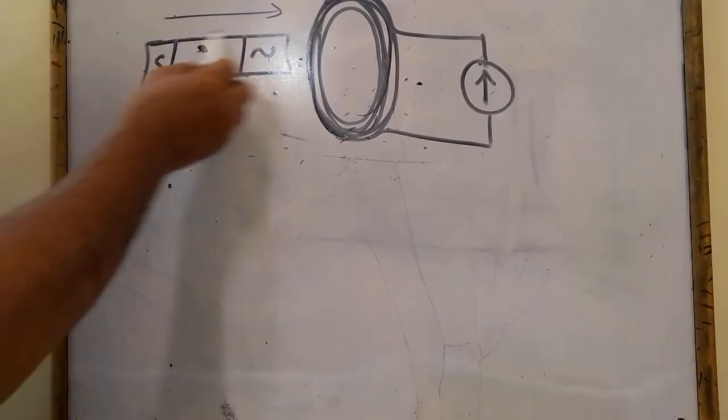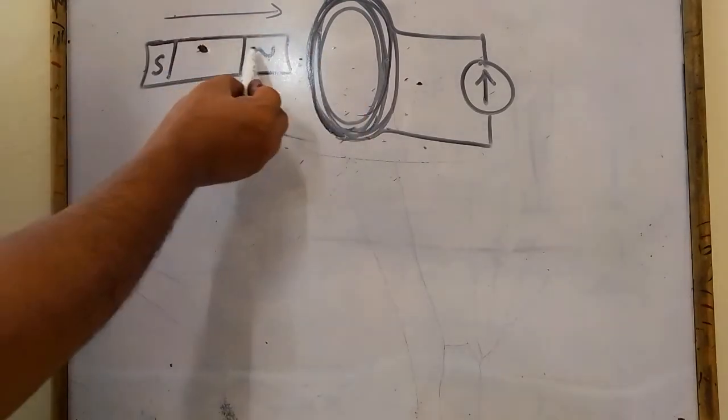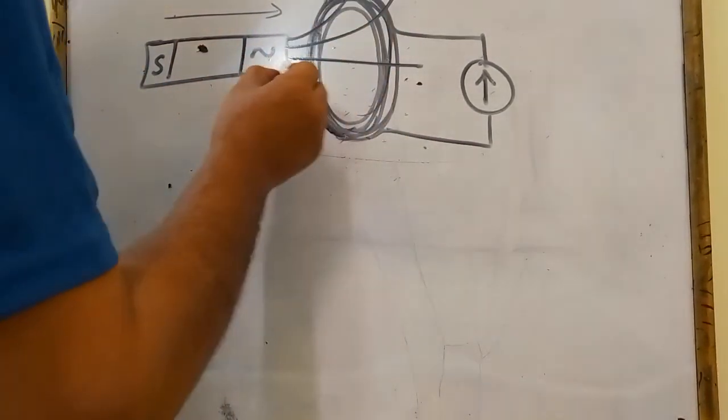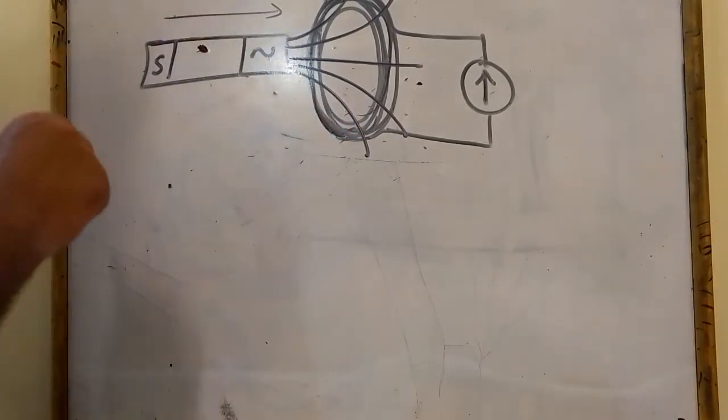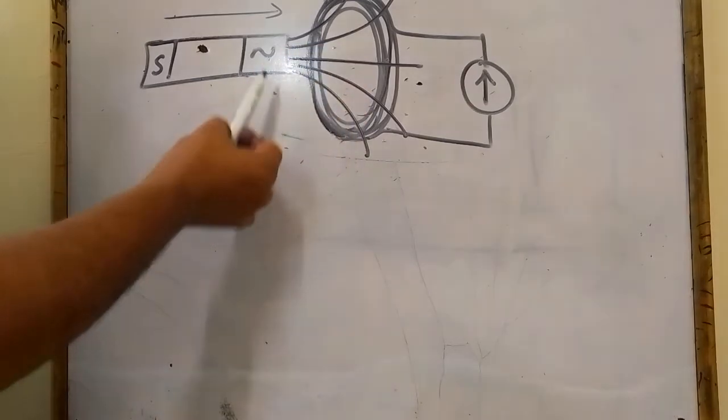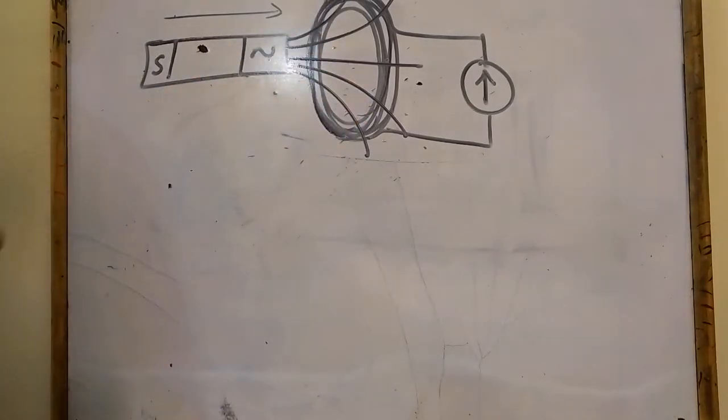When this bar magnet is moving towards the coil, north side is moving towards the coil, magnetic flux across the coil will be increasing. As the magnet is coming closer and closer to the coil, flux will be increasing, intensity will be increasing.